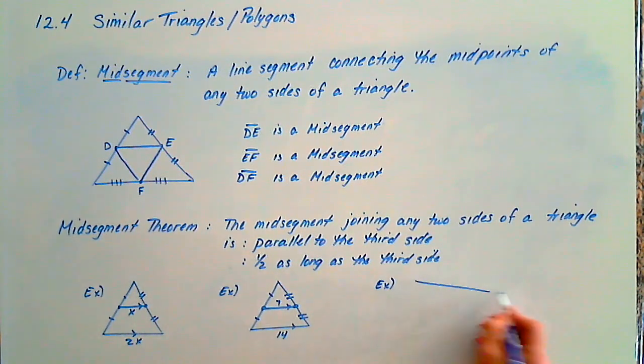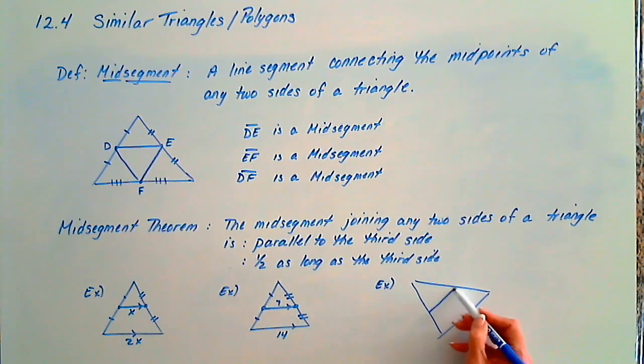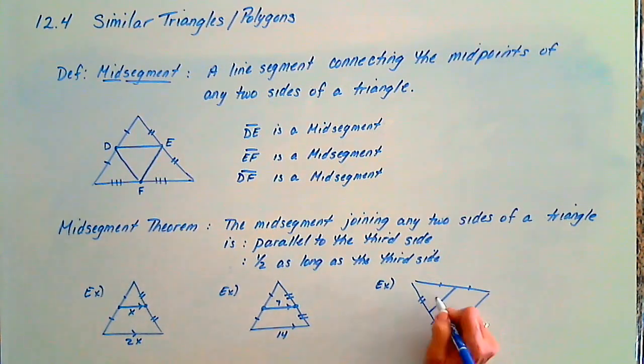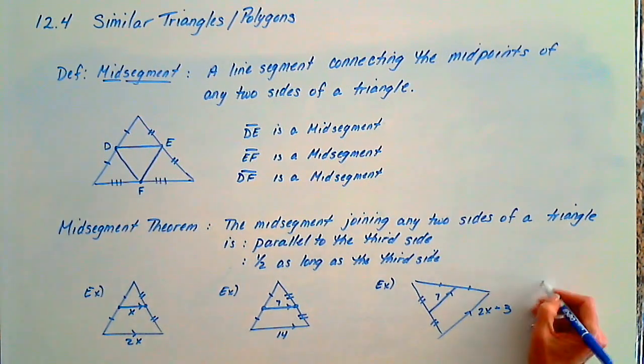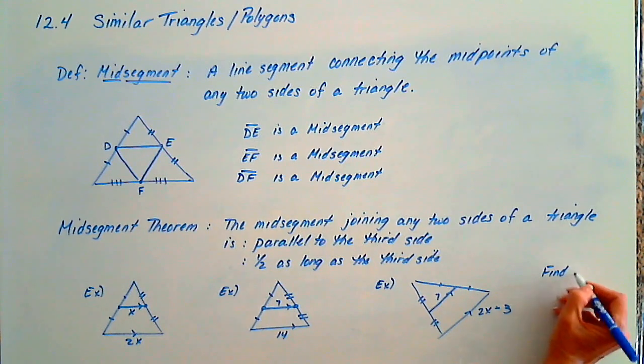So if I give you a triangle and I connect the midsegments, and I tell you this midsegment is 7, and I tell you the other length is 2x minus 3, what is x?